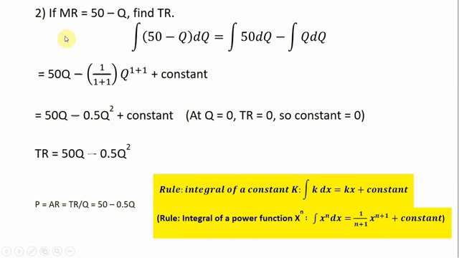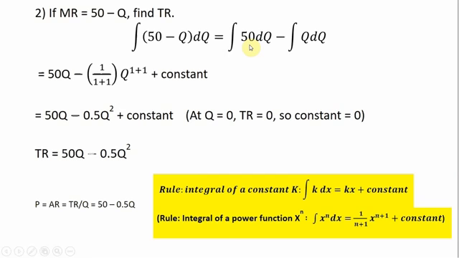All right, let's do a slightly more complicated example. In this example, a firm has marginal revenue given by 50 minus q. Here again, we want to find total revenue. So writing this in integral notation, we're going to take the integral of 50 minus q. We can use the rules of sums and differences to break this down into two functions.